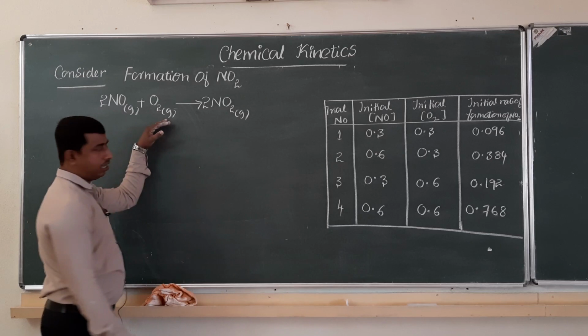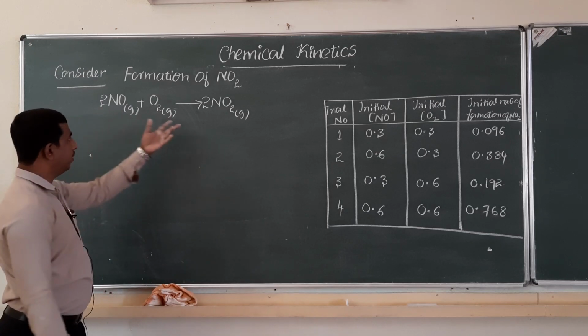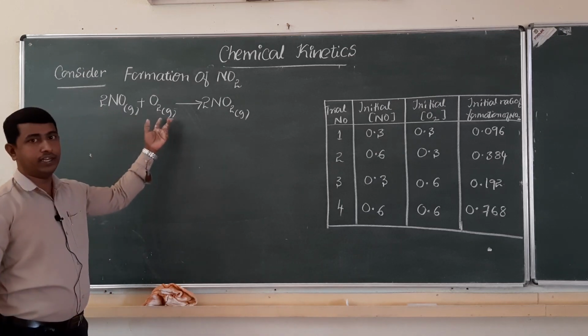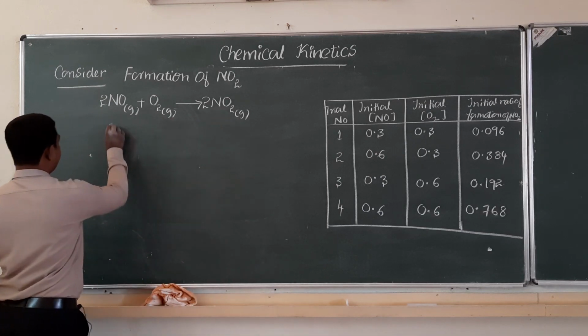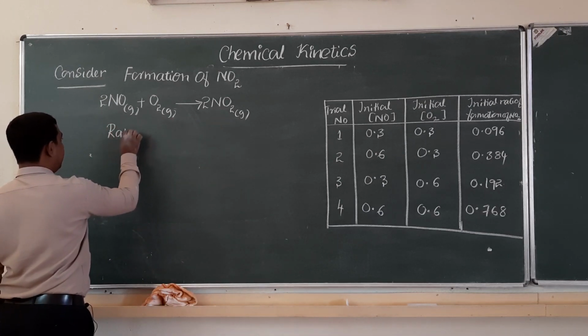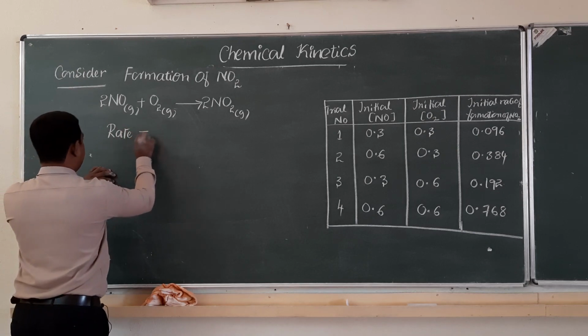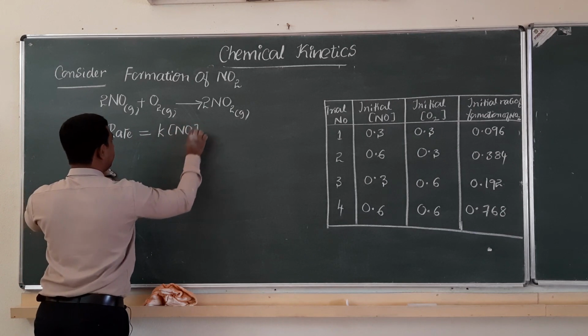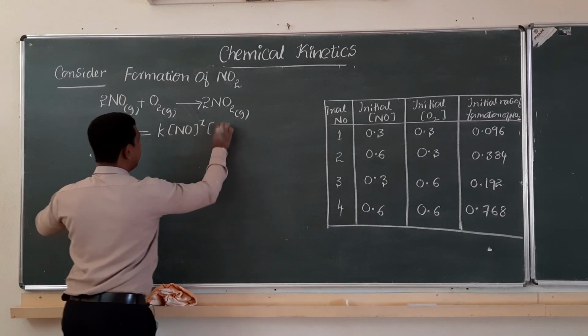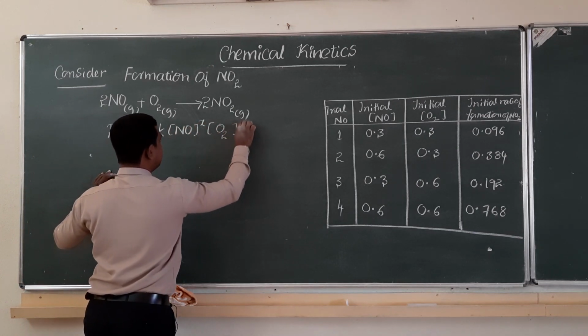See, this is the given reaction, that is formation of NO2. NO combining with O2 forming NO2. We can write the expression for this reaction like this. Rate equals K into concentration of NO power x, concentration of O2 power y.